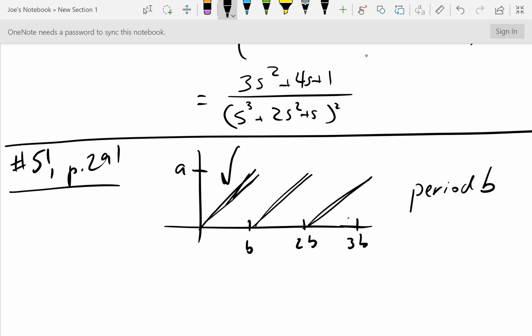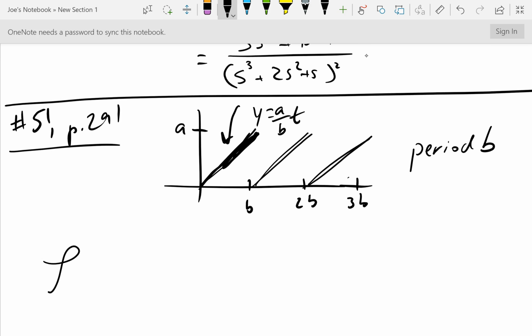We can figure out that particular function because it's pretty easy, actually. It's a line, and it's got a slope of a over b. So this must be just y equals a over b t, pretty straightforward.